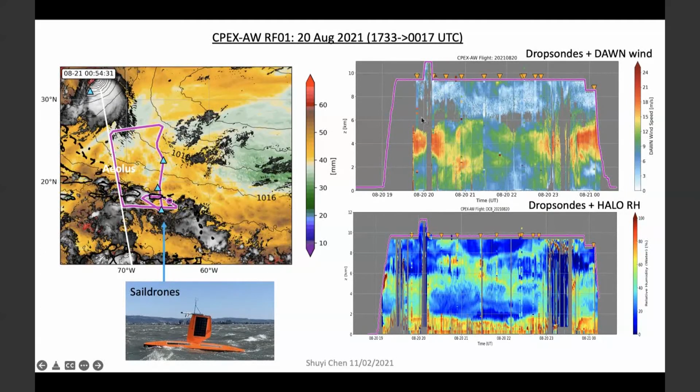So if you see, for instance, the winds, if the sticks actually have the same color, that means verification is good. So pretty much the dropsondes and downward measurements agree pretty well. And also the lower panel is the HALO measurements of relative humidity.